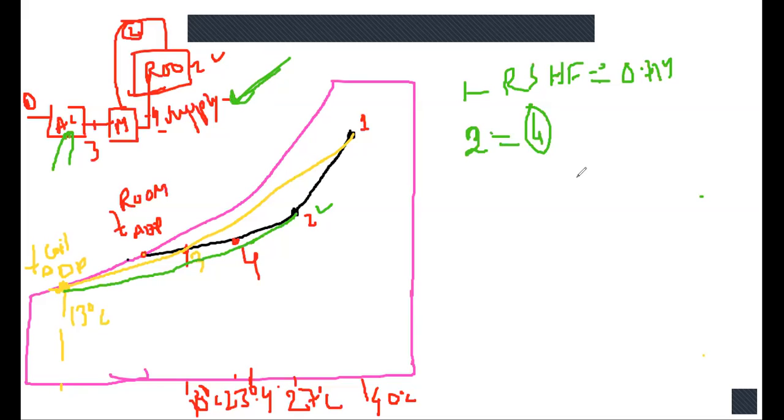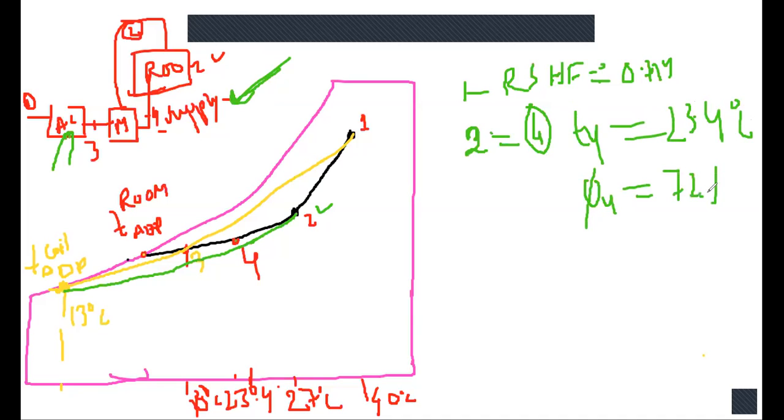This is our calculation part. So first of all, point 4, we know T4 is 23.4 degree. Similarly, we have also measured the relative humidity, which was 72% or something.